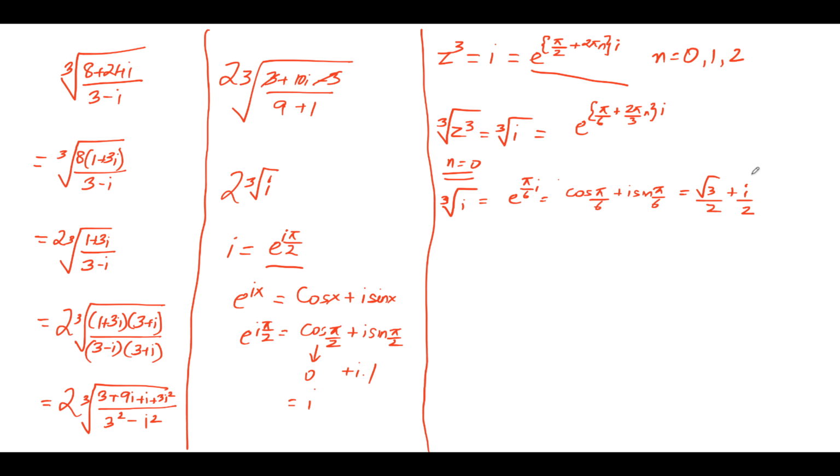Obviously we still haven't completed, because remember the actual root for this answer is 2 times the cube root of i. So we are yet to multiply by 2, but we'll just park this over here.